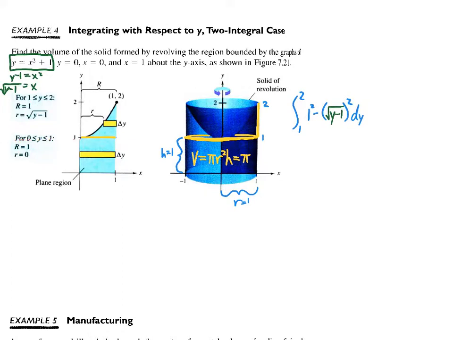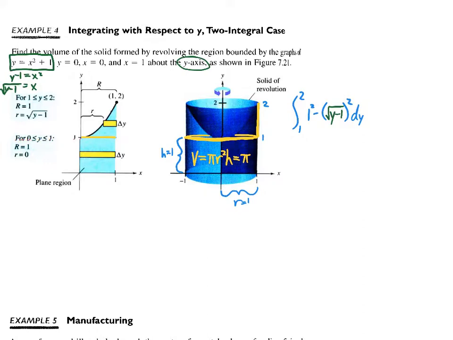Here it doesn't say integrate, so how would we know? Well, we're revolving the region about the y-axis. That's the key right there. If you're revolving it around a vertical line, you've got to integrate with respect to y. When we revolved around a horizontal line, we were integrating with respect to x.